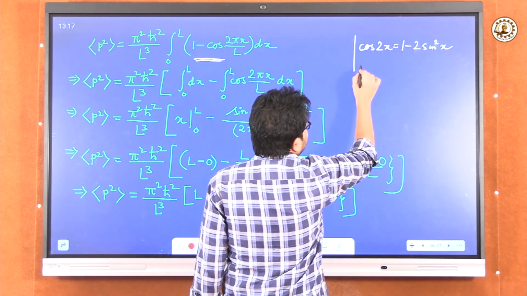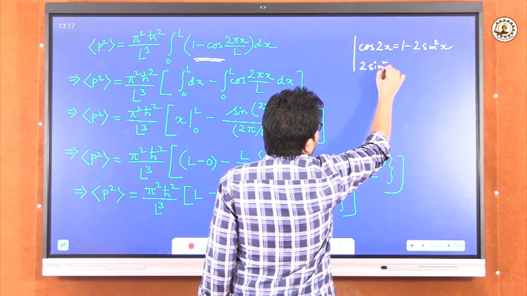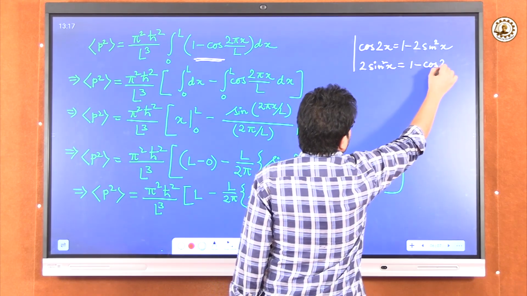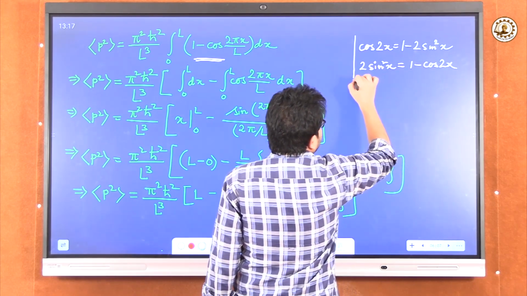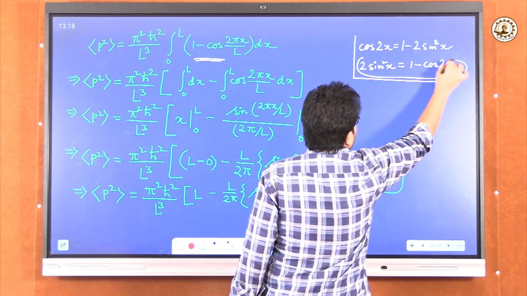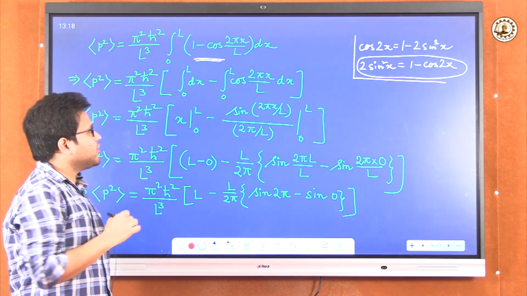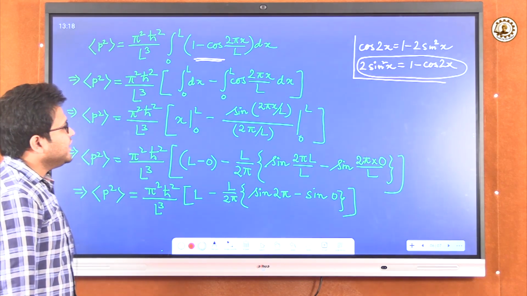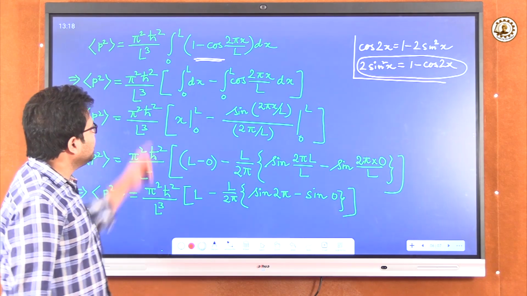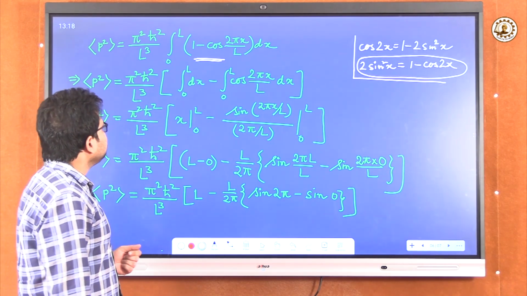So we can write 2 sin square x equals 1 minus cos 2x. I am just utilizing this formula. So in the place of 2 sin square pi x by L, I can write 1 minus cos 2 pi x by L dx.